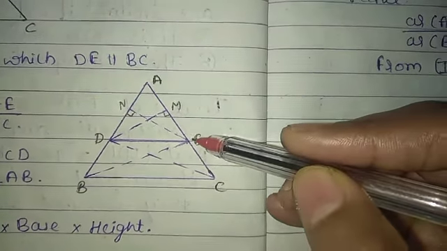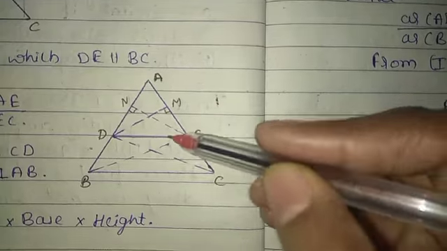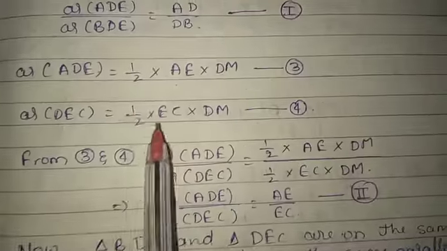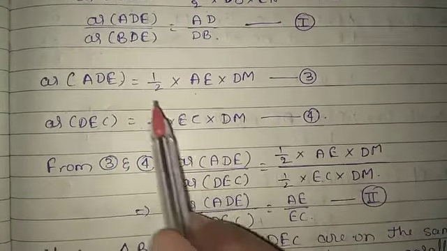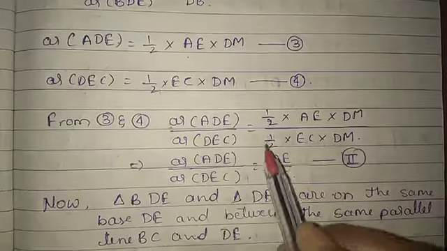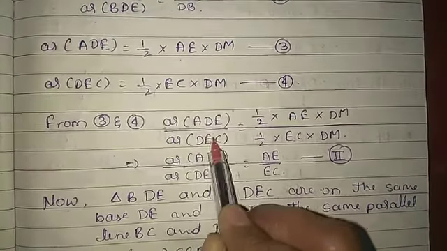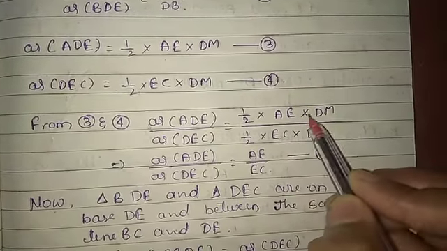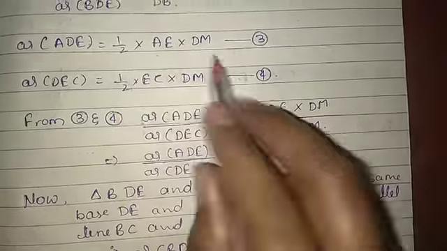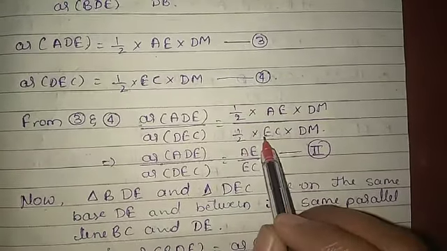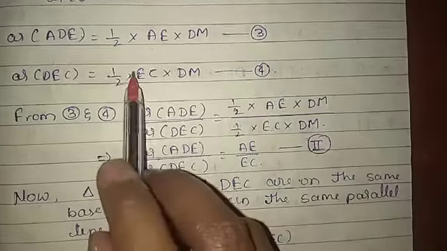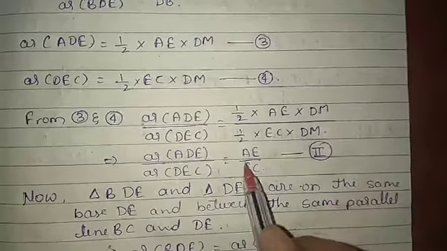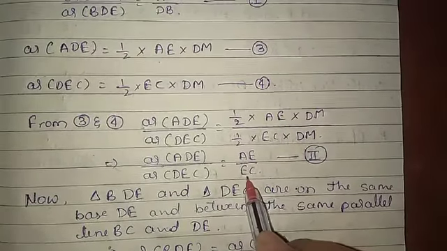For DEC, the base is EC and the height is the same, DM. These are equation 3 and equation 4. After dividing, area of ADE divided by area of DEC is half into AE into DM divided by half into EC into DM. The half cancels, DM cancels. Remaining is AE divided by EC.